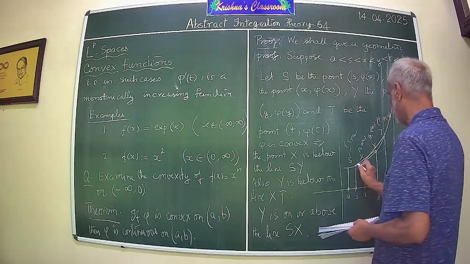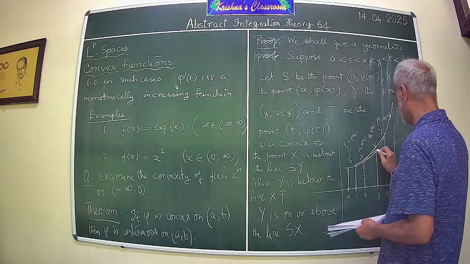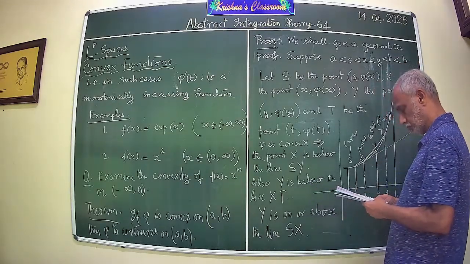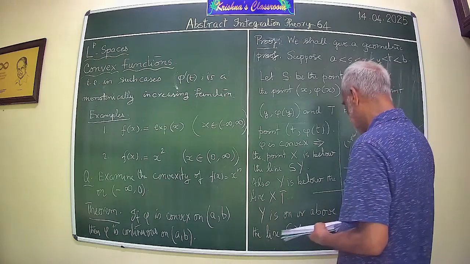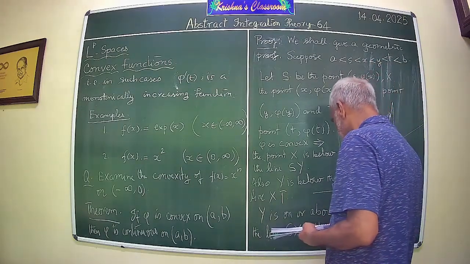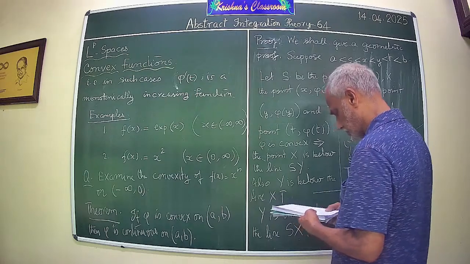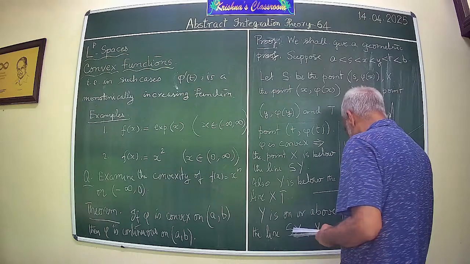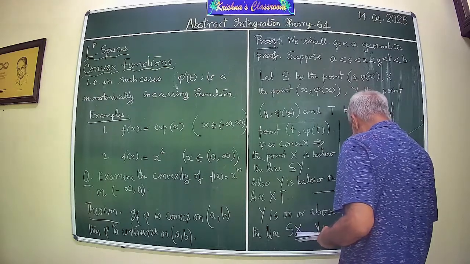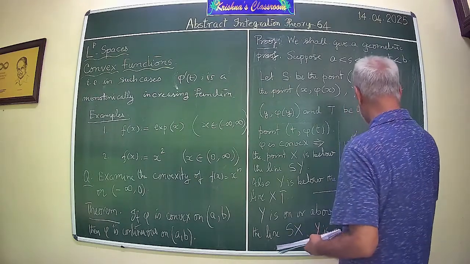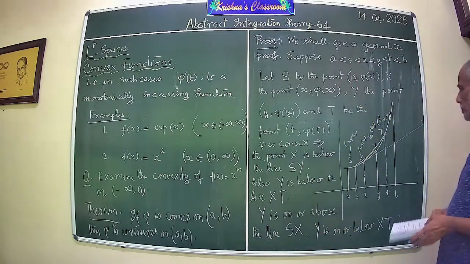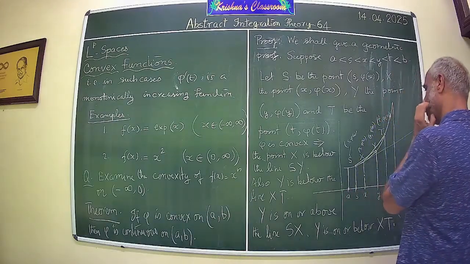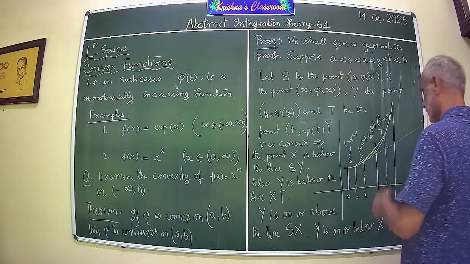This is the line we are talking about, and Y is above it. Y is on or below XT. This is XT. Y is on or below XT, and Y is on or above the line SX.